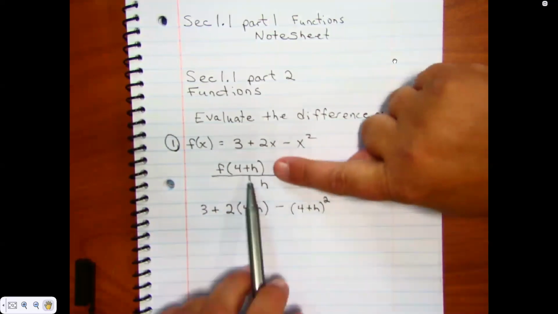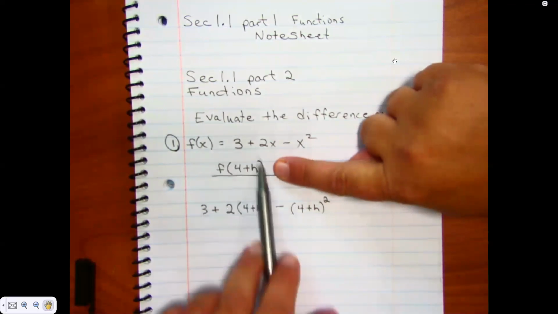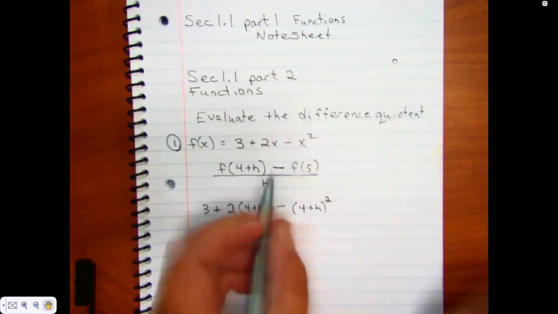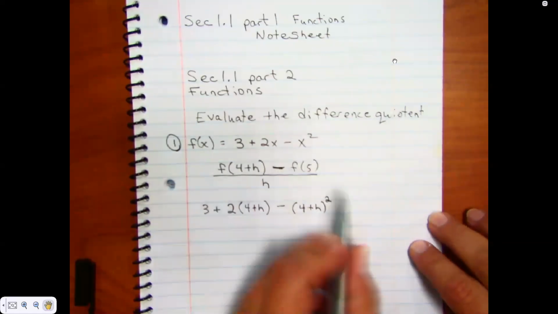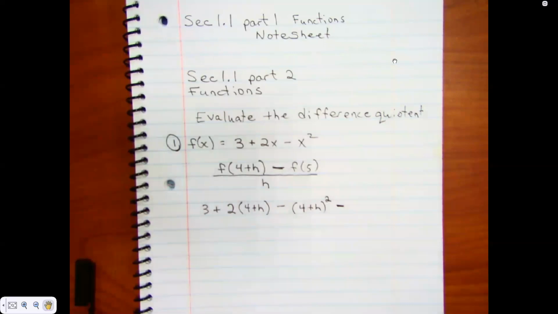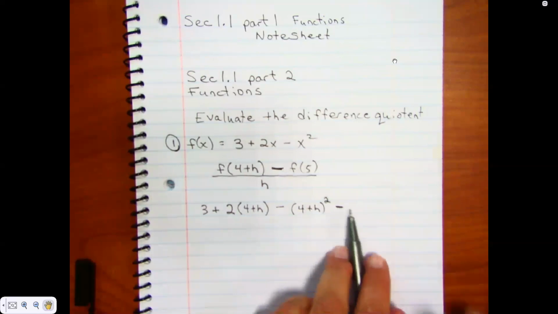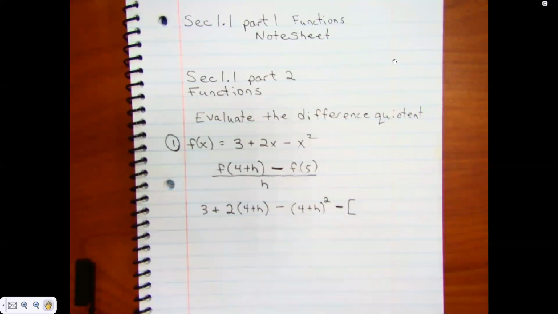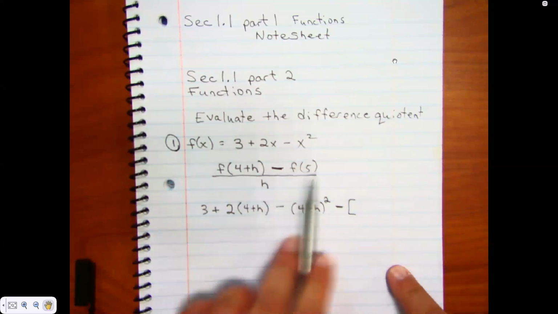So far I've only done this part. Then comes minus. Now it's this. This minus is this minus. Now I go back to the f function again. This time, every place there's an x, I'm going to plug in a 5. Be careful though, this minus goes to everything after it. So on my own, I have to put in parentheses, because I want to subtract this entire function.